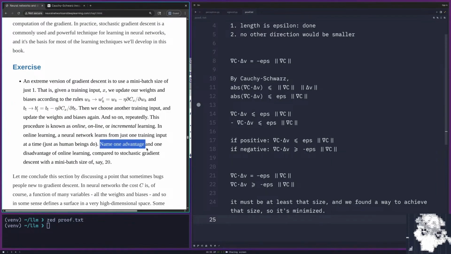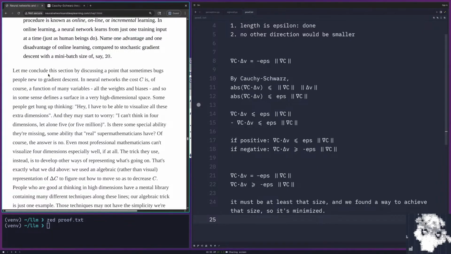Another advantage, though, is you could learn in real time. You can immediately improve from an example that was just generated 1 second ago. It's hard to think of why that would be helpful, but yeah.